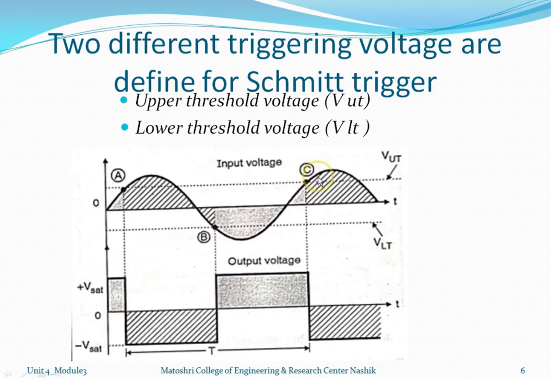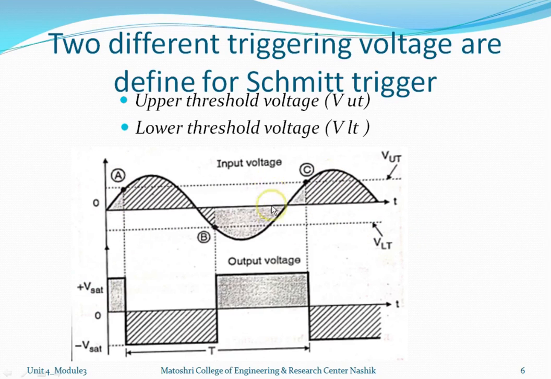Similarly, at point C, the output changes from the negative V side to the positive V side. Means the output changes from the positive V side to the negative V side and vice versa only at crossing of VUT and VLT.